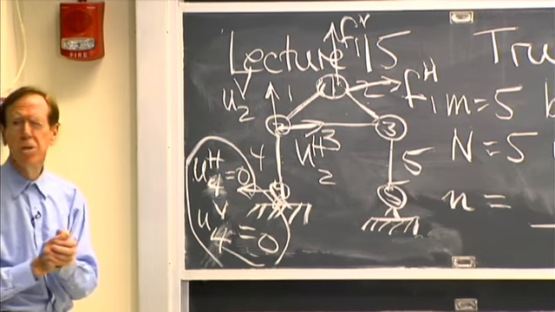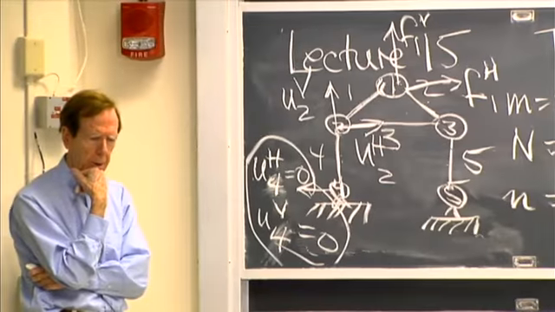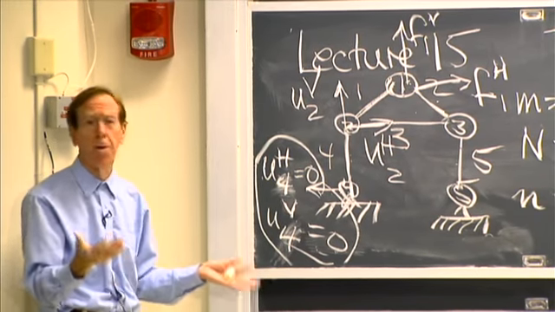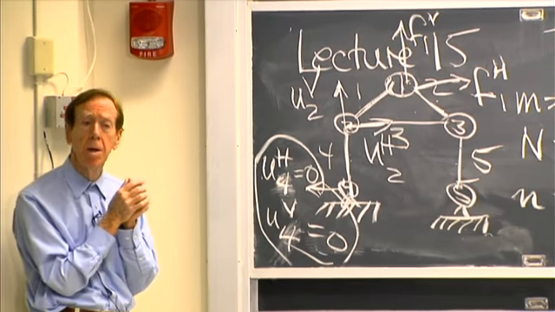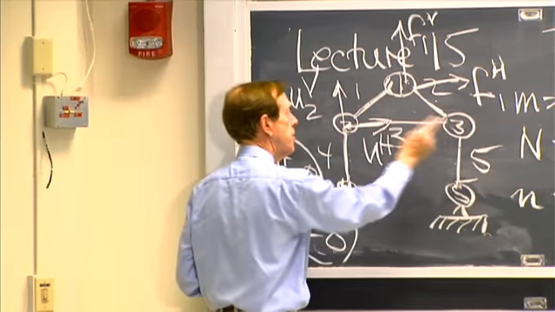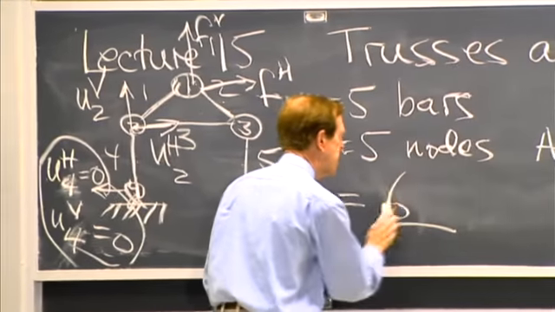So how many unknowns are there? If you look at this picture, how many unknown displacements are there in this truss? 6, right? 2 here, 2 here, 2 here, and none there. So the number of actual unknowns is 6.